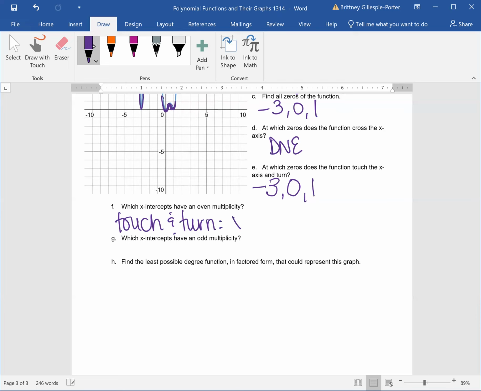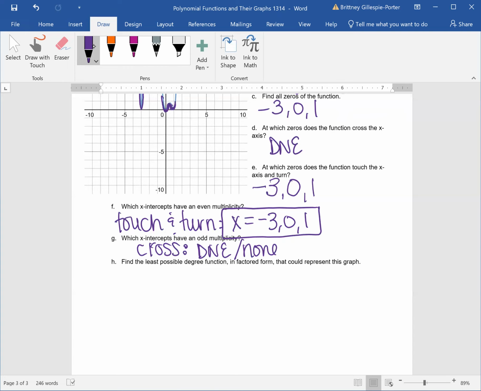So we're going to have all of our zeros, our x-intercepts, our roots, our solutions for touch and turn, but we're going to have none for our crossing with the odd multiplicity. So D and E are none if you want.